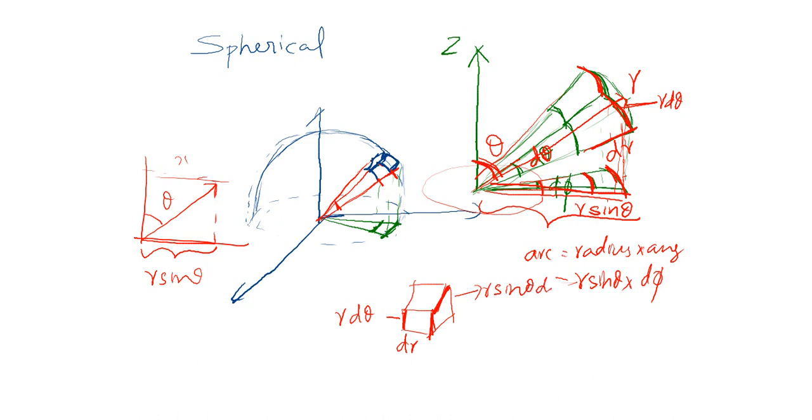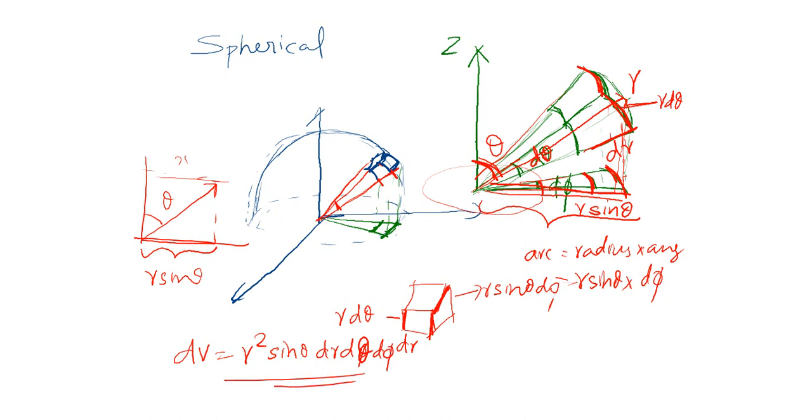So what is dv? dv is equal to the product of all these, so that will be r square sin theta dr d theta d phi. Okay, r square sin theta dr d theta d phi.